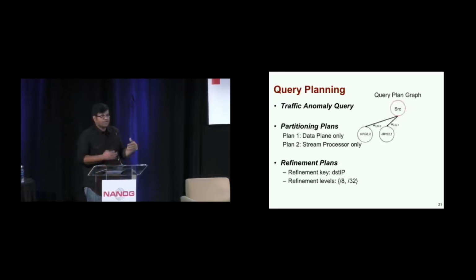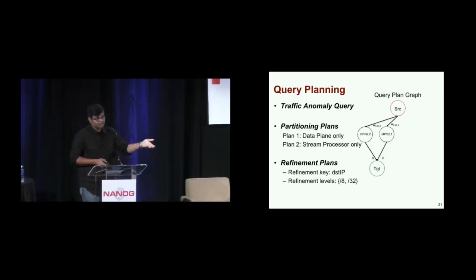We came up with an abstraction that expresses these different plans as a query plan graph. The source is basically all traffic. There are two ways I can run this at /32, the finest level of granularity: execute the query completely in the stream processor or completely in the data plane. That's the finest level of granularity, so there is nothing else to do there.